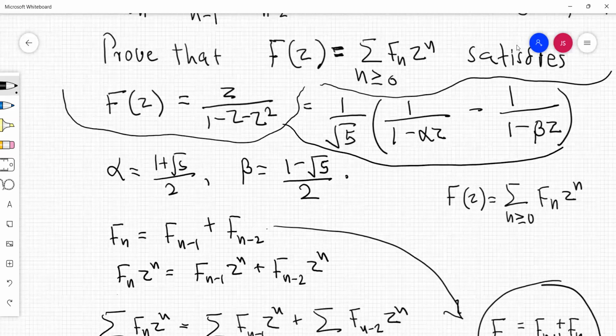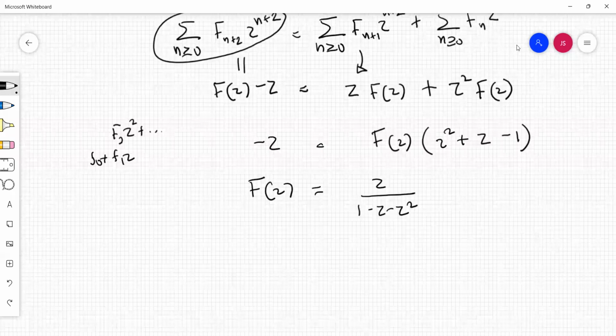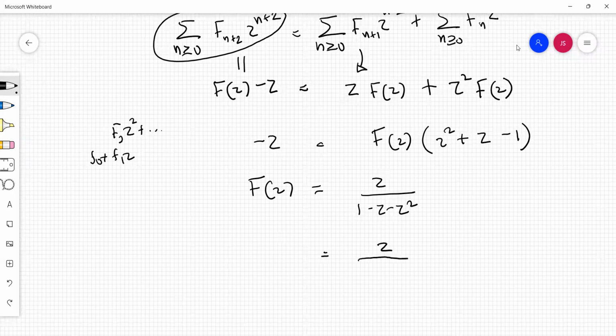The denominator is a quadratic equation. So we can use the quadratic formula to find the two roots of Z. Then we can write that as two factors. What are the two roots? 1 plus or minus root 5 over 2.